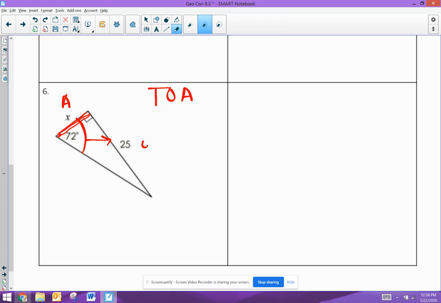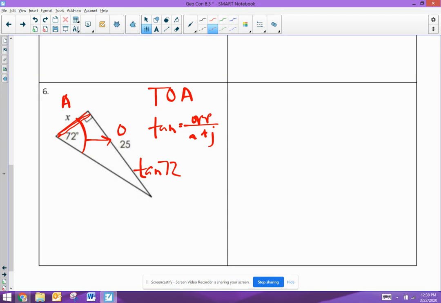So I'm gonna move that O so that I have room. So tangent is the opposite over the adjacent. So the tangent of 72 is the opposite, 25, over the adjacent x.